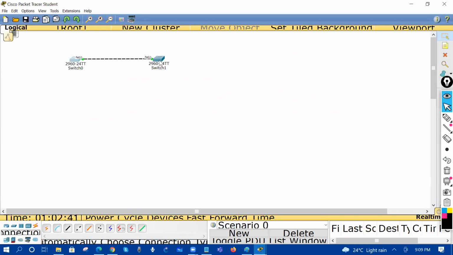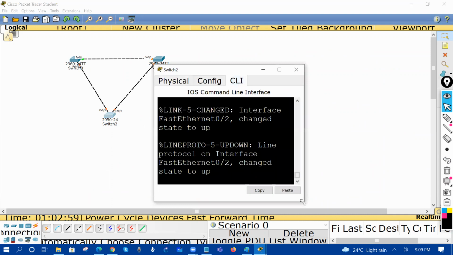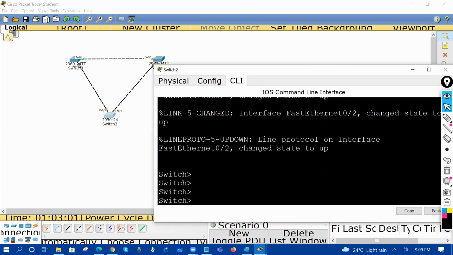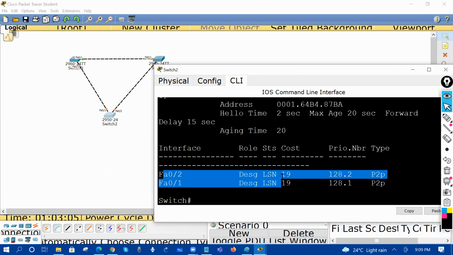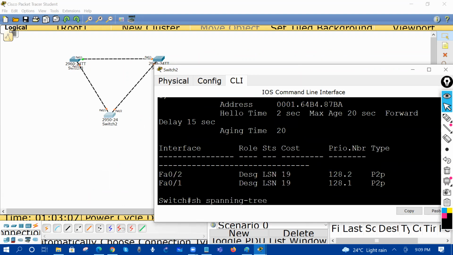So if you see switch one, switch two, I'm going to add one more switch over there. Let's make a loop. Can you see the spanning tree protocol is going on? If you put the command for spanning tree, can you see the listening state? That's why this interface is not green right now.